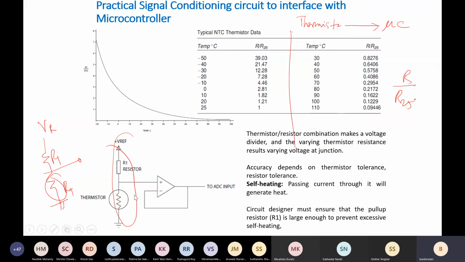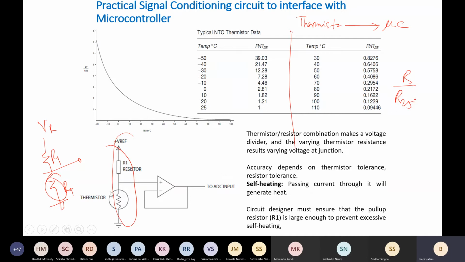And what is the job of the thermistor? Thermistor's job is to measure the temperature. So when it is exposed to some temperature, and because of that temperature, it has achieved certain resistance value. Now I want to convert that resistance change into voltage change.